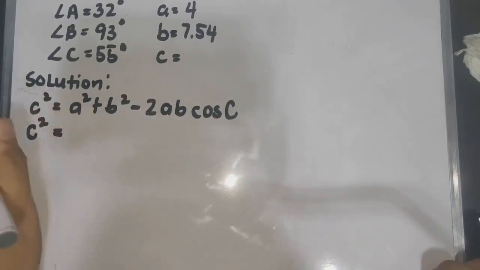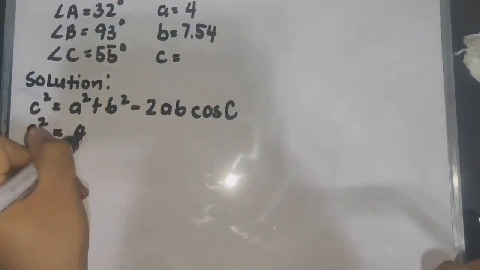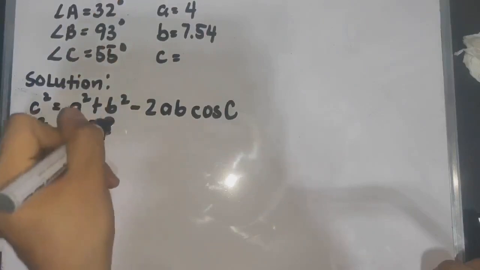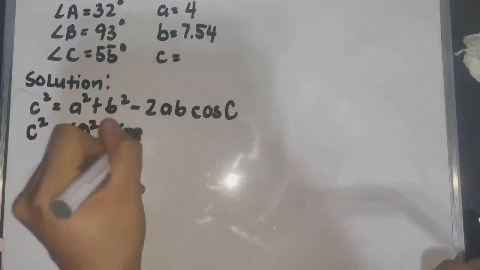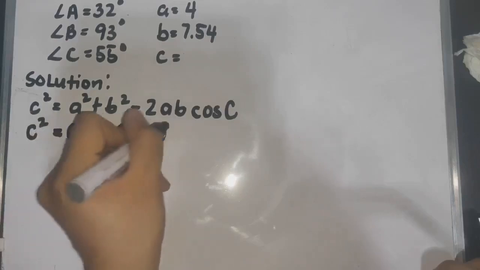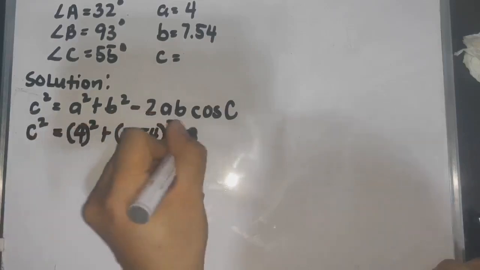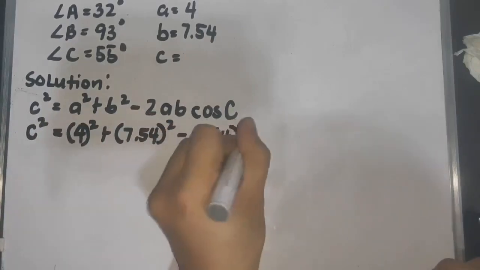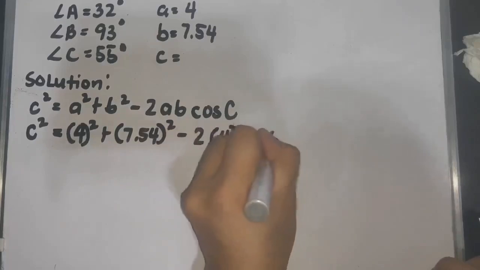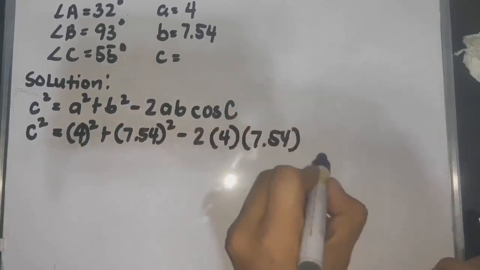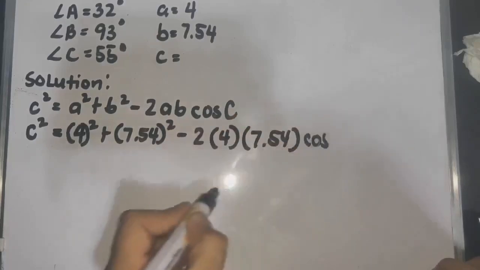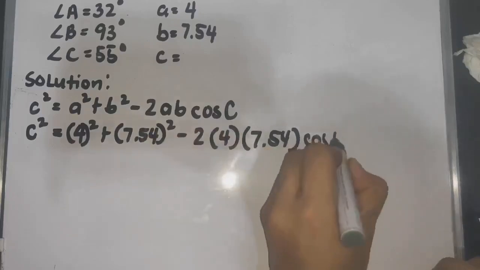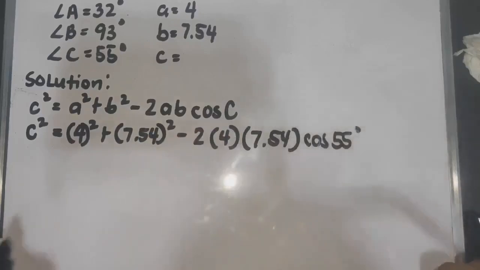A natin is 4 squared plus ang B natin is 7.54 then square minus 2 times 4 then ang B natin is 7.54 times the cosine of angle C, which is 55 degrees.